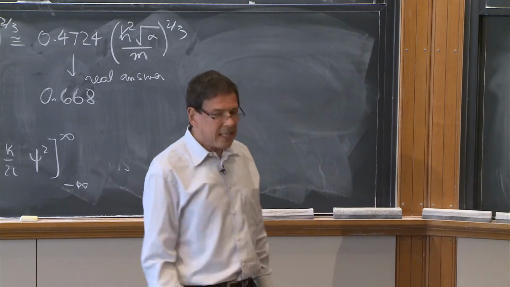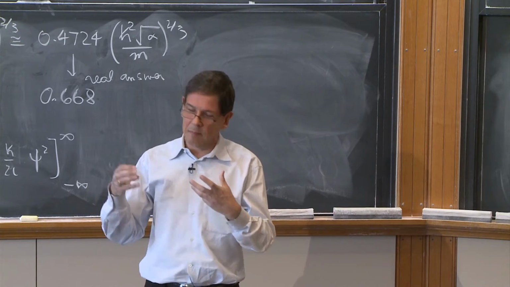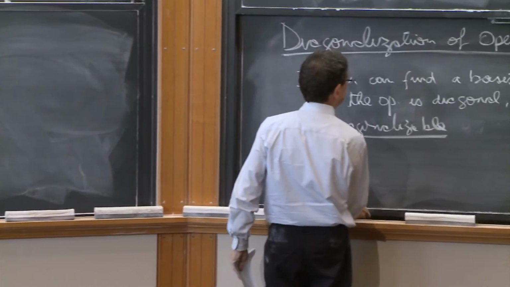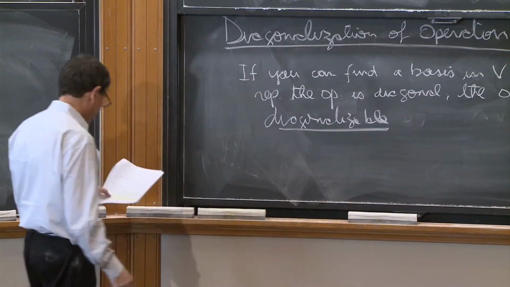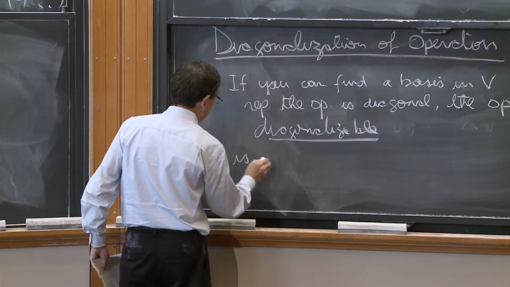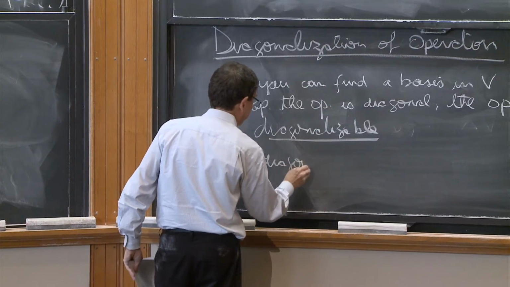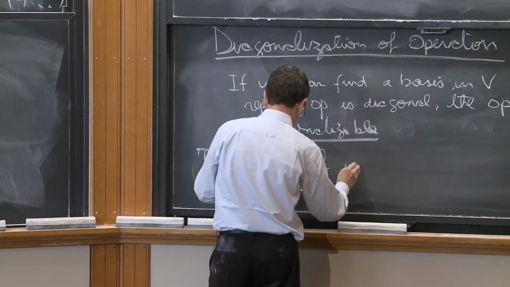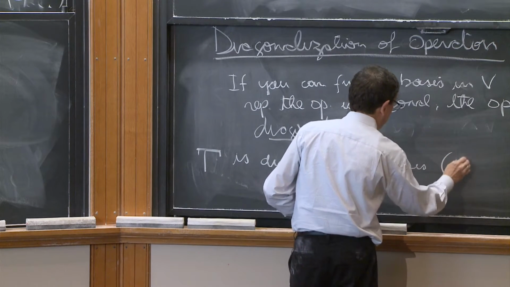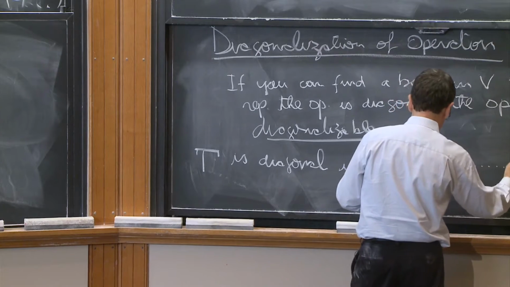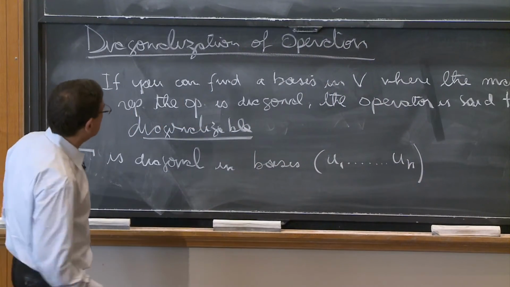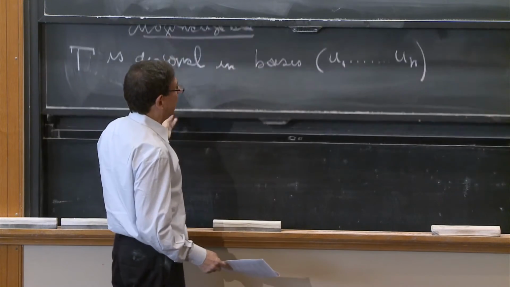So let's try to understand this conceptually and see what it is actually telling us. It tells us actually a lot. Suppose T is diagonal in some basis U1 up to UN. So what does it mean for it to be diagonal?